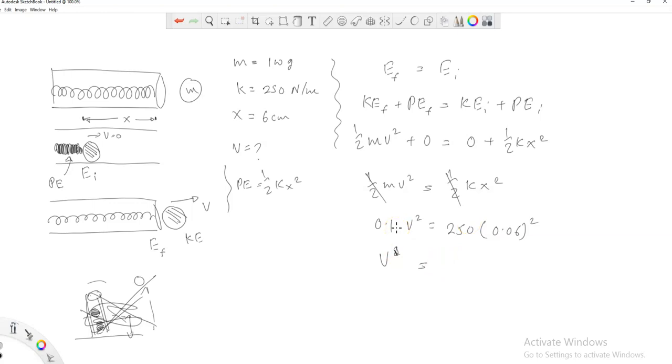Let's see, 250 multiplied by 0.06 squared, divided by 0.1, then square root. That's 90, so the square root of 90.